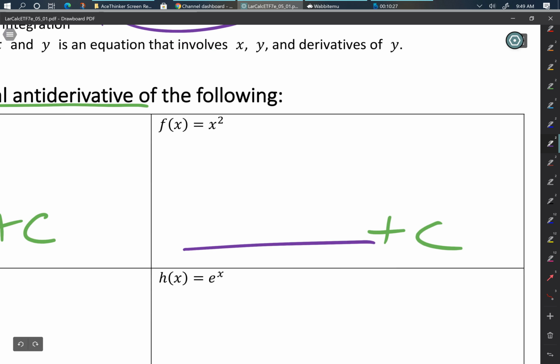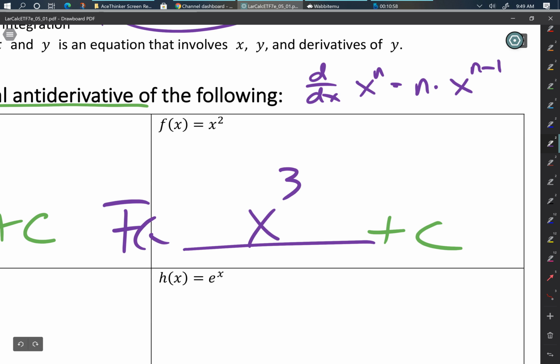All right, how about this guy over here? f of x equals x squared. So I want something where the derivative is x squared. Let's see. I know the derivative rule for exponents. It says multiply in front by the exponent and then subtract 1 from the exponent. So if taking a derivative means subtract 1 from the exponent, then taking an antiderivative would mean to add 1 to the exponent. So I know I'm going to get an x cubed.